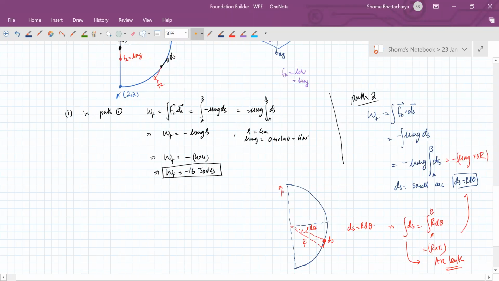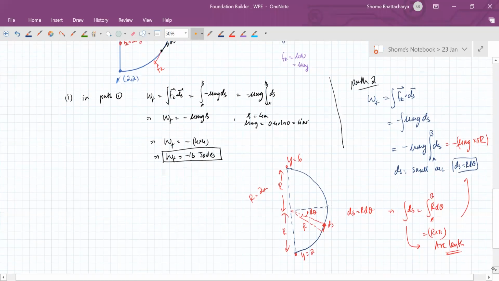Now that radius, you can see will be equal to 2 meters, because this point has a y coordinate of 6 and this point has a y coordinate of 2. So you can see the diameter is 4 meters, so the radius will become 2 meters. So that is how we will calculate the work done now.